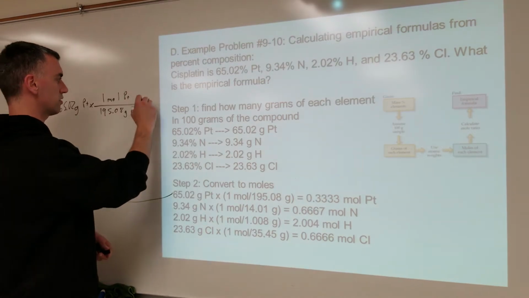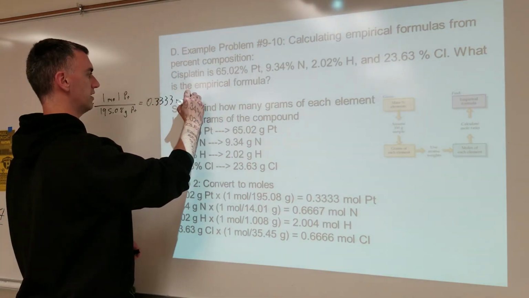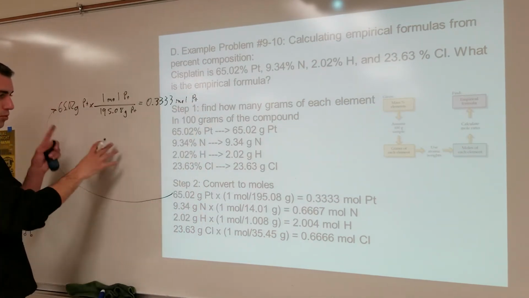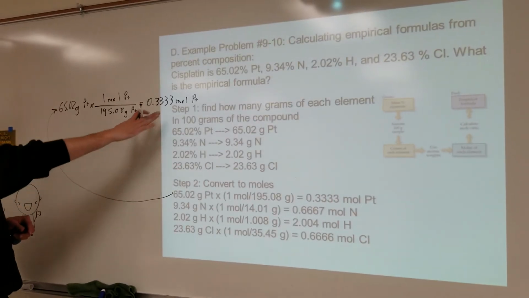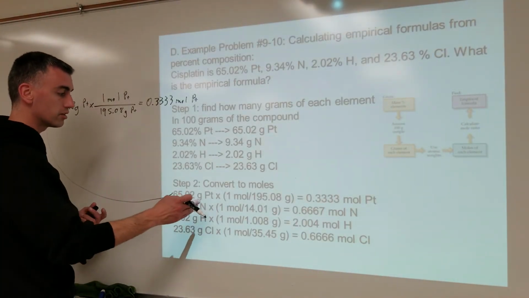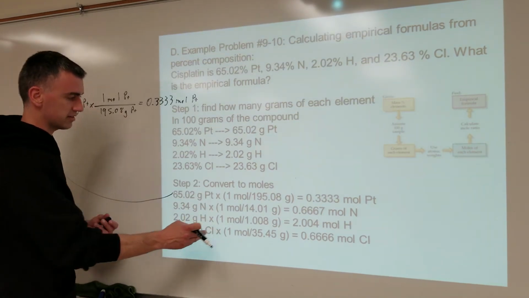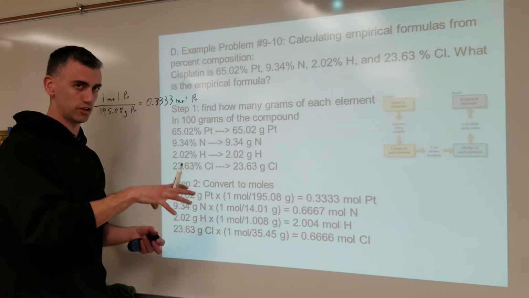And that equals 0.3333 mole of platinum. I'm doing this to point out that this is the equivalent of this. So we're not doing anything differently here. This is all the same, and the same idea applies to each of these. The only reason it looks like this is for the ease of putting it onto a PowerPoint slide.